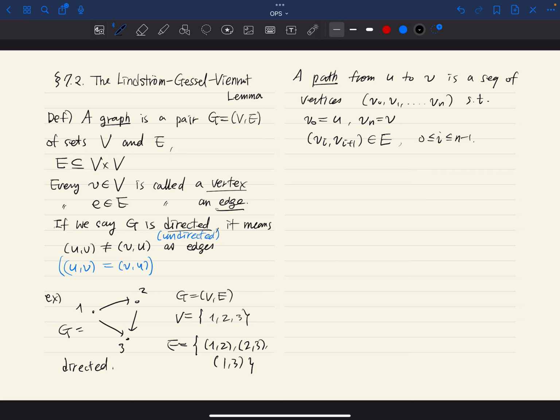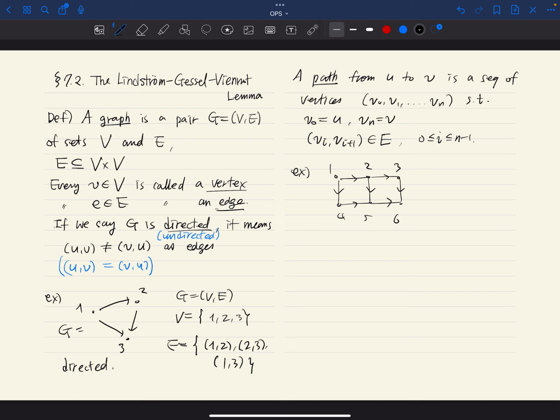So in the previous example, maybe that's too simple, so let me draw something bigger. 1, 2, 3, 4, 5, 6. Let's say the arrows go like that. Our directed graph looks like this.